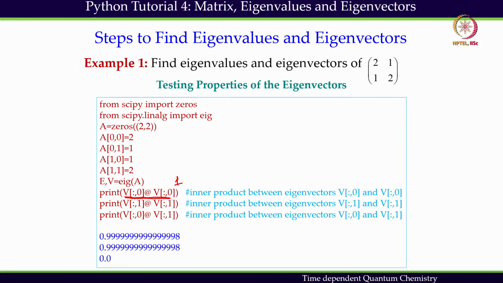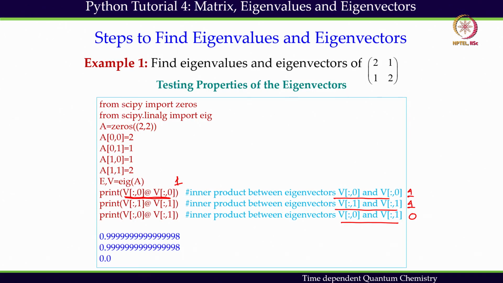The vectors should be orthonormal. So, if I take the inner product with itself, it is going to be 1, so both would be 1. But if I take the inner product with the other vector, it is going to be 0 because they are orthogonal to each other.